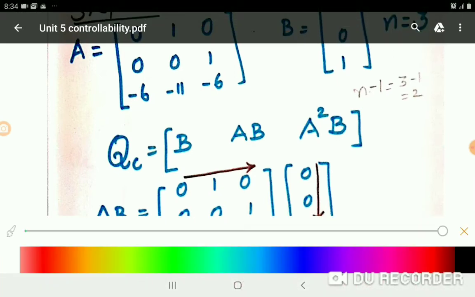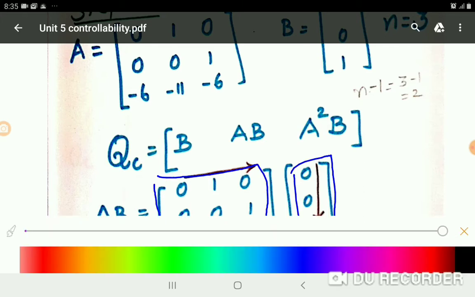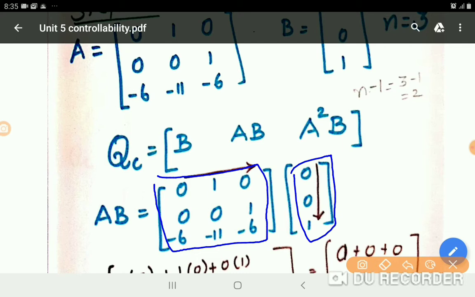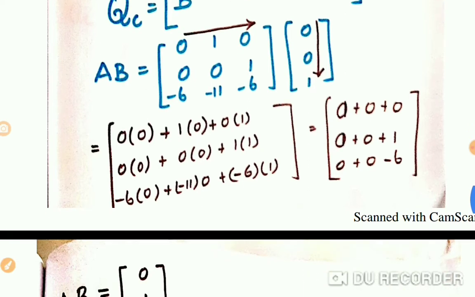See the A matrix is given here and the B matrix is given here. For a better understanding, we'll go with matrix multiplication.